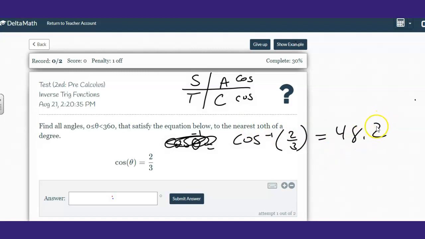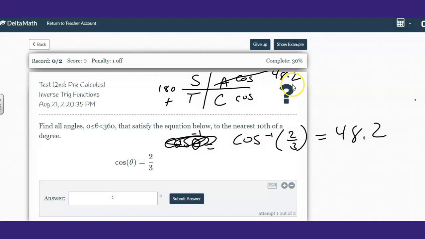So nearest tenth. Now, because I know these are in the first and fourth quadrants, the first one is going to be that angle. It is the reference angle, 48.2. If it was over here, I would use 180 minus that. If it was over here, I would do 180 plus that angle. But since this was in the first quadrant, I'm going to use 48.2.